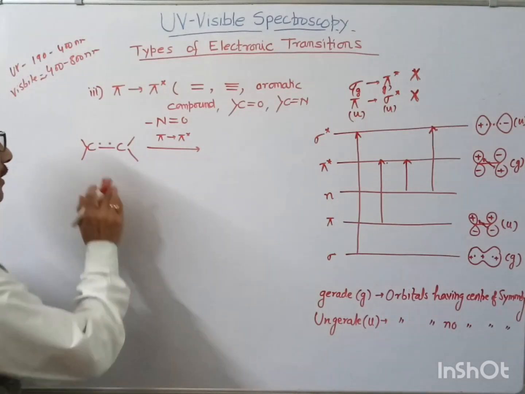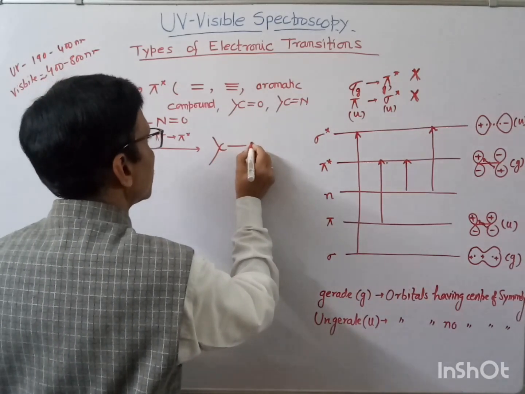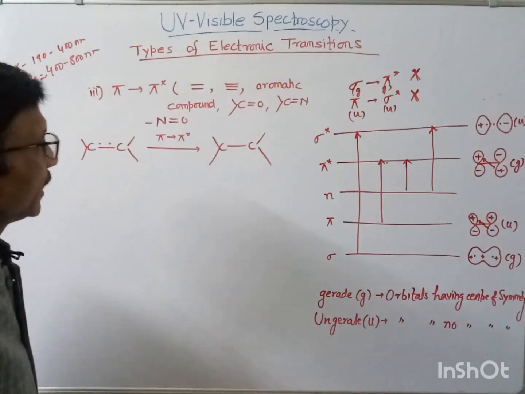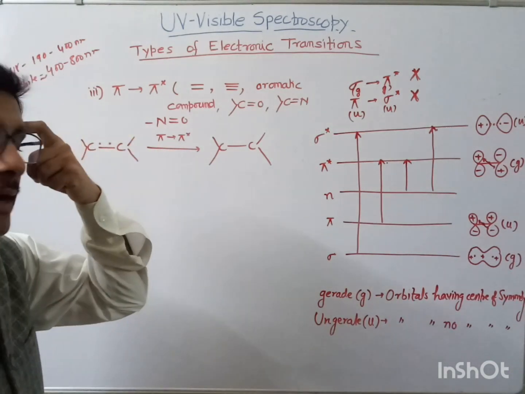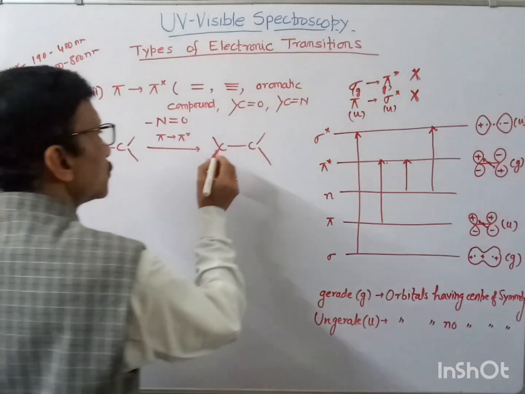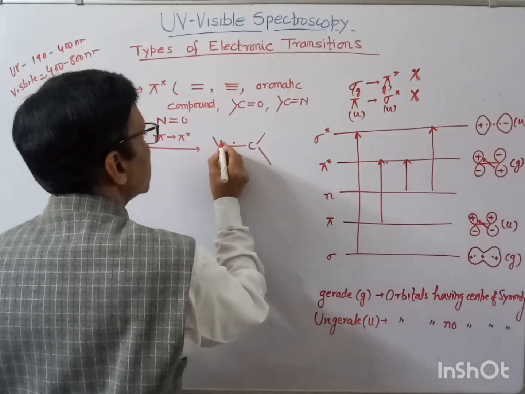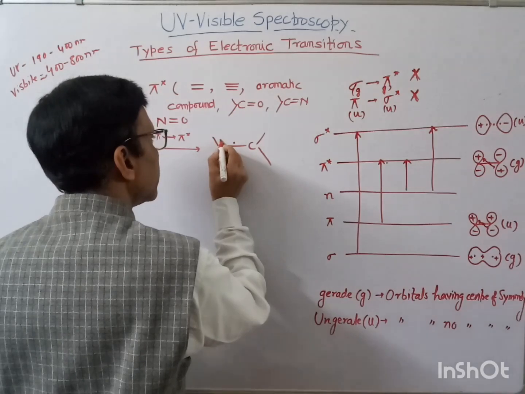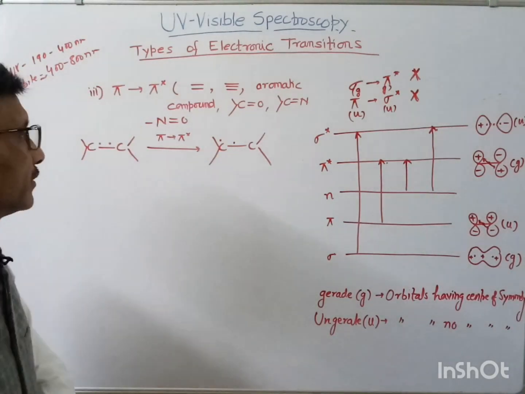One of the electrons will get excited from the pi bonding molecular orbital to the pi anti-bonding molecular orbital. So one electron stays, and I can show the other electron in this anti-bonding region. One of the electrons is going into the anti-bonding region.